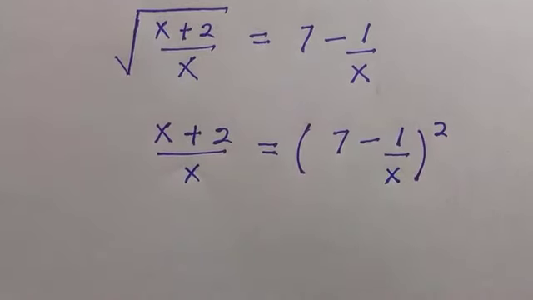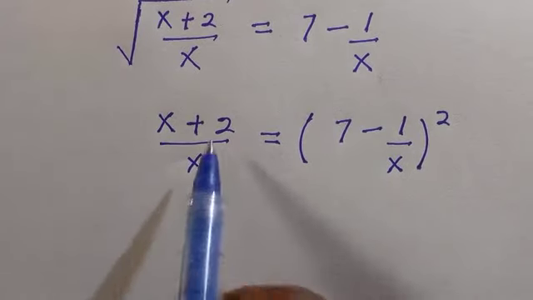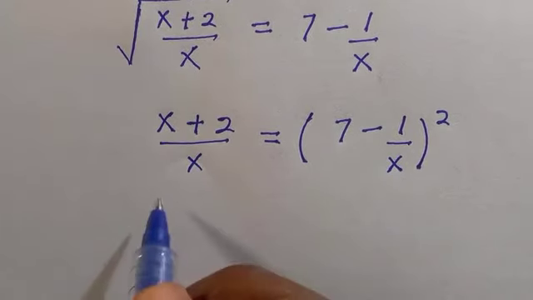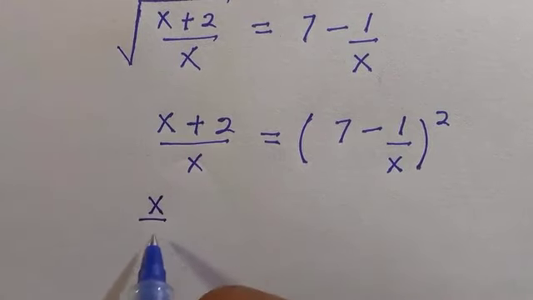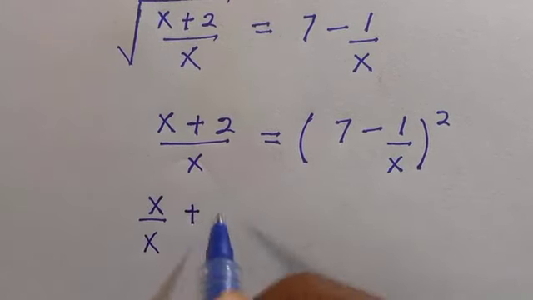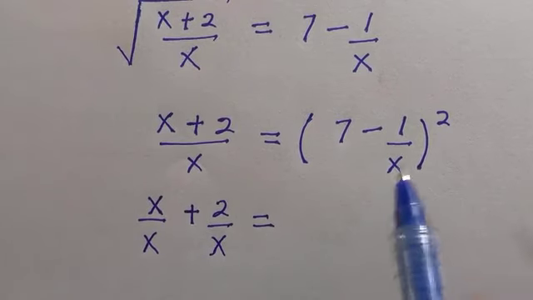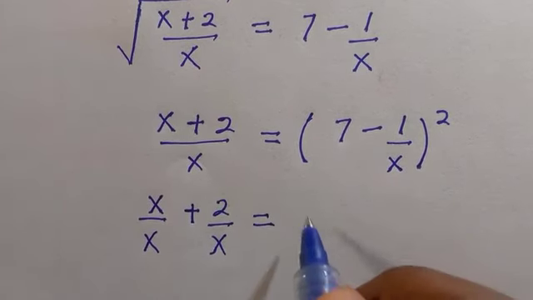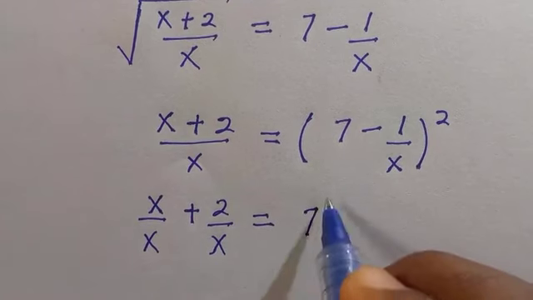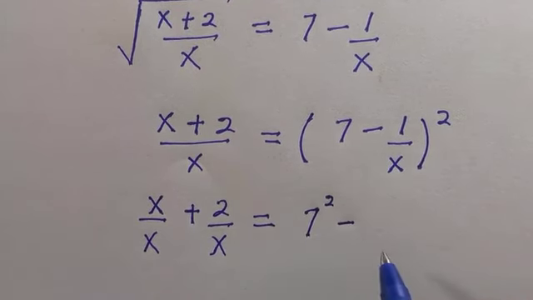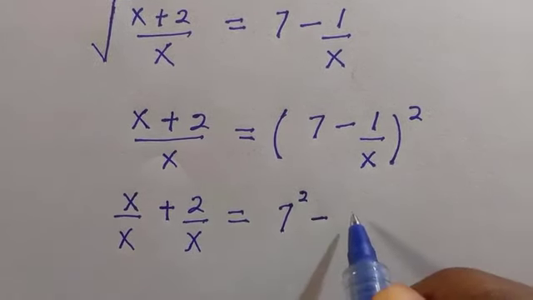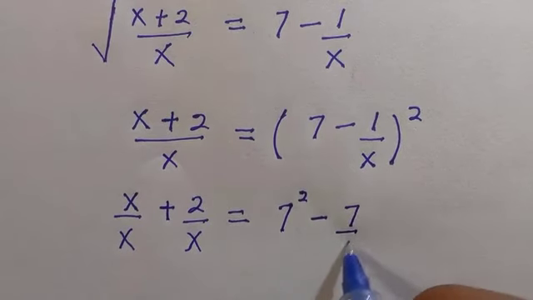And we know this left hand side, we can separate with the denominator as x divided by x plus 2 divided by x equals, and by expanding this, we are going to have 7 raised to power 2 minus 7 divided by x.